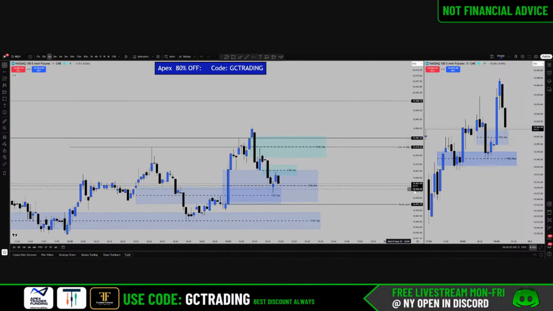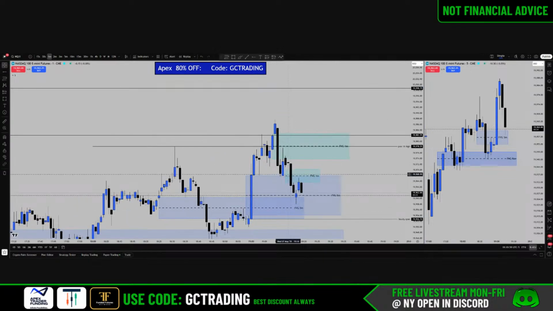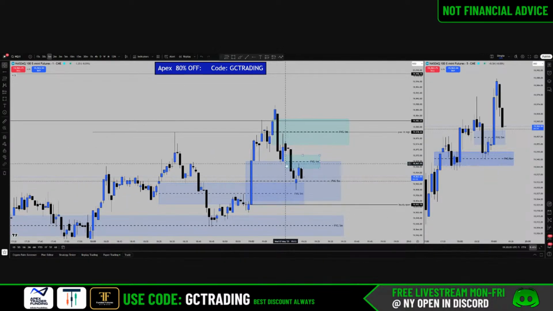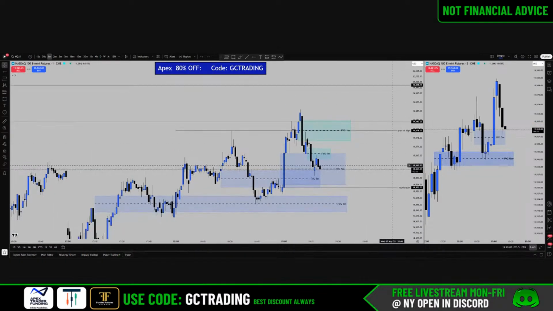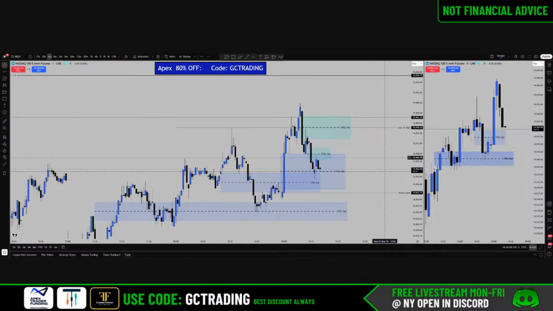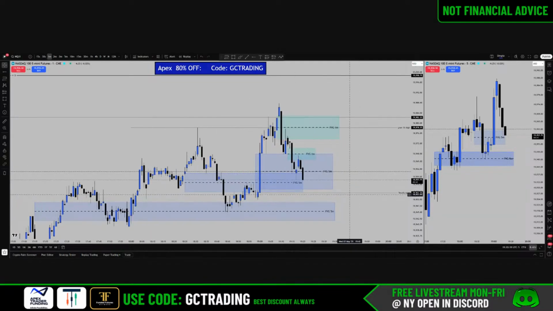So far, we are respecting this 1 minute gap right here. See if this thing can continue down and get that hourly open. Nice push there.